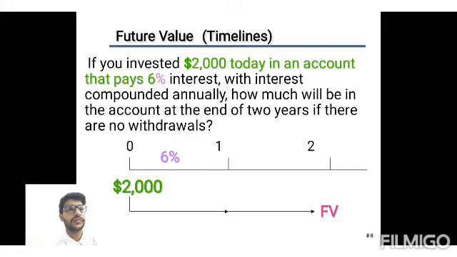Future value: if you invest today an amount of 2000 at an interest rate of 6% compounding annually, how much will you have at the end of 2 years? 0.06 is the interest, and you can see 2000 is the PV.